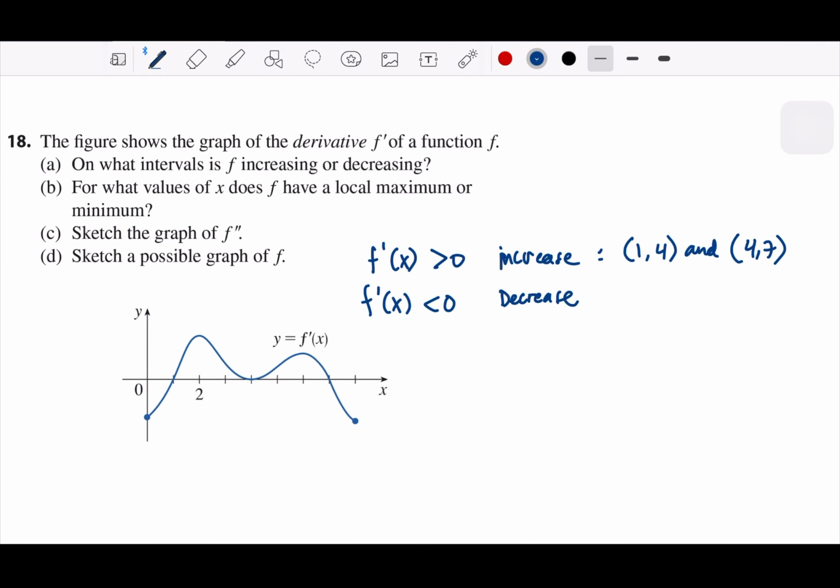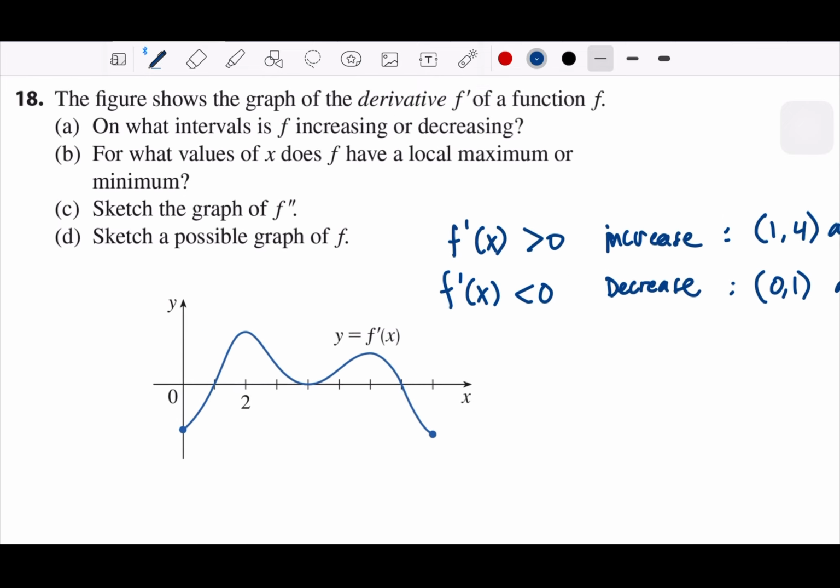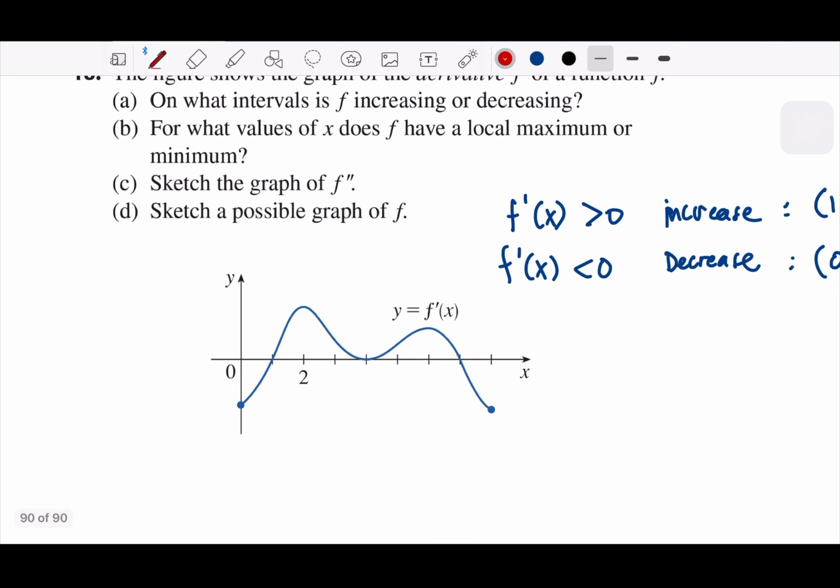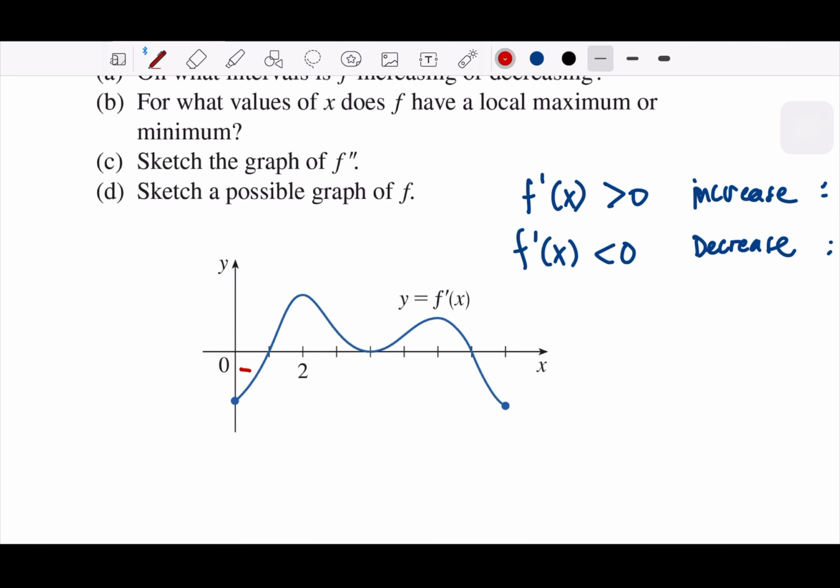And then decreasing is 0 to 1 and 7 to 8. Okay, and then local max, local min. This is from negative to positive, and then positive to negative.